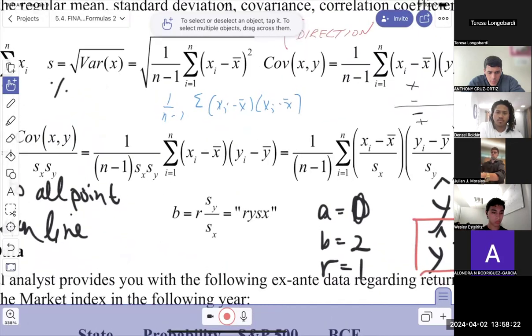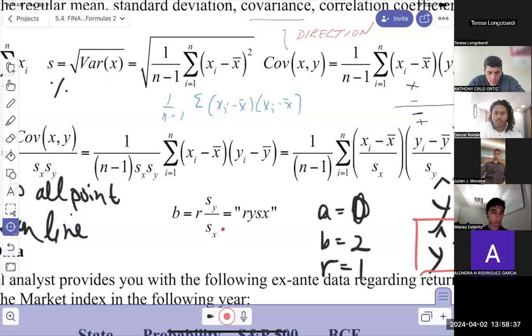R and B have the same sign. How do I know? Because SY and SX are both positive. They'll always be positive because they're the square root of the variance. So if R is negative, B is negative. If R is positive, B is positive.